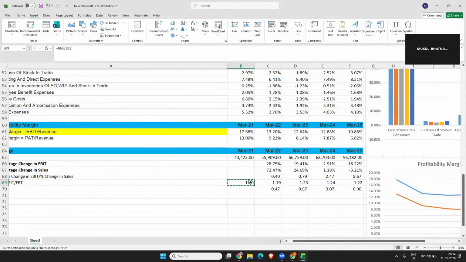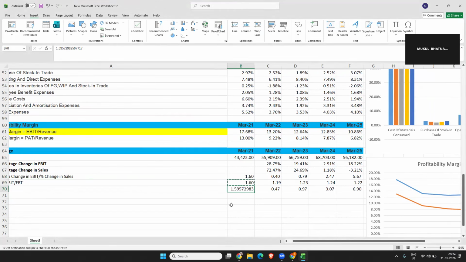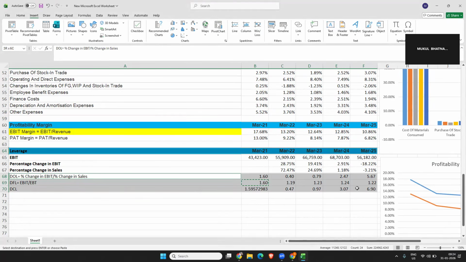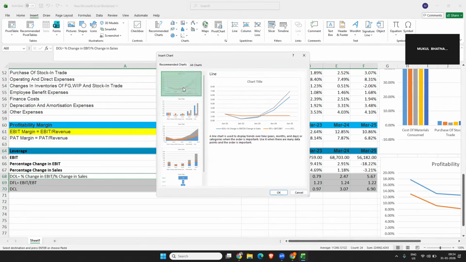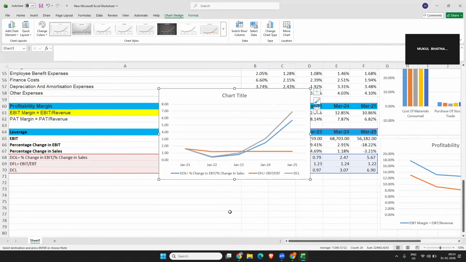Just for the sake of plotting, I am copy and pasting these values here. Otherwise, graphs will not be done. So here you can see I have plotted the graph of leverage as well.